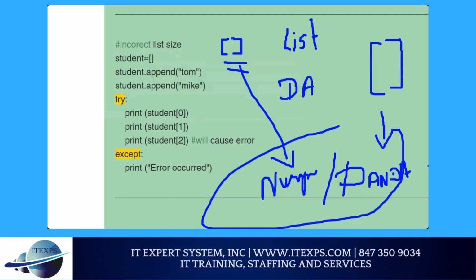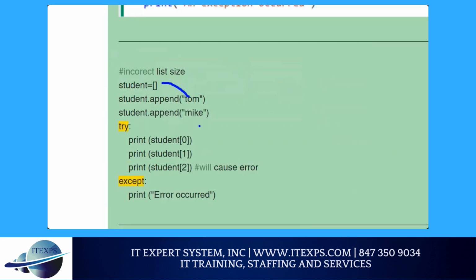So your empty list. Now in the empty list, you are saying, you know what, I want to add Tom and I want to add Mike. So what you are saying here, I have a list, and in that list, I'm going to add first Tom and then Mike. Tom will be at index 0 and Mike will be at index 1. So in total, I have 2 students. A list is kind of like a building, you're adding one by one.